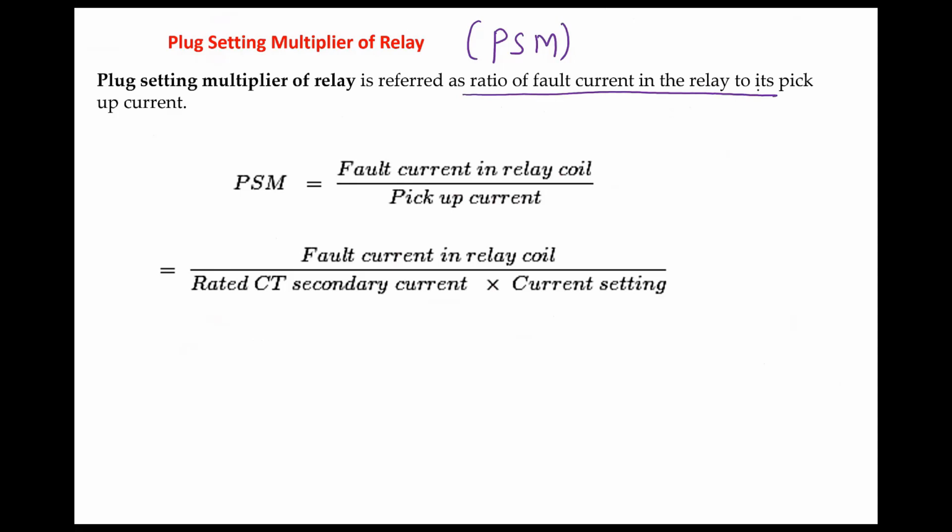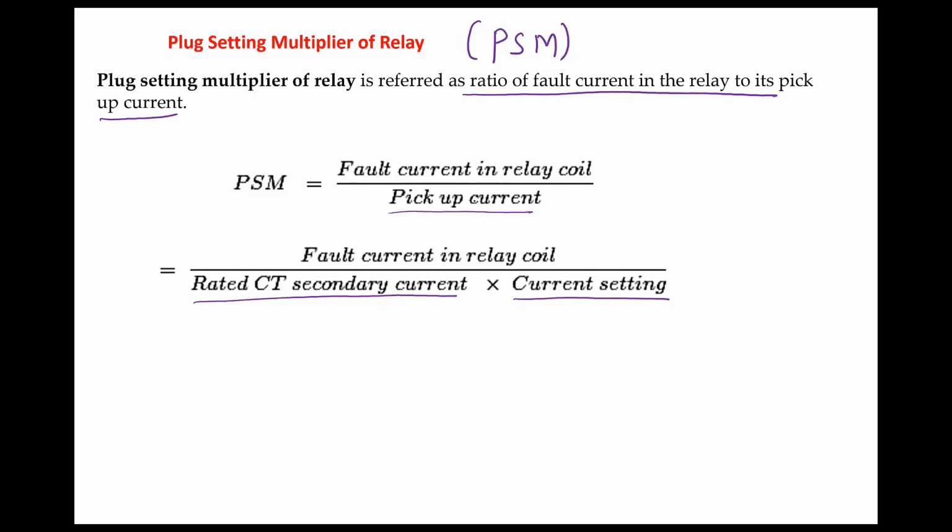The fault current flowing through the relay divided by the pickup current of the relay. Understand? So PSM is the fault current in the relay coil divided by the pickup current, which is rated CT secondary current divided by current setting.